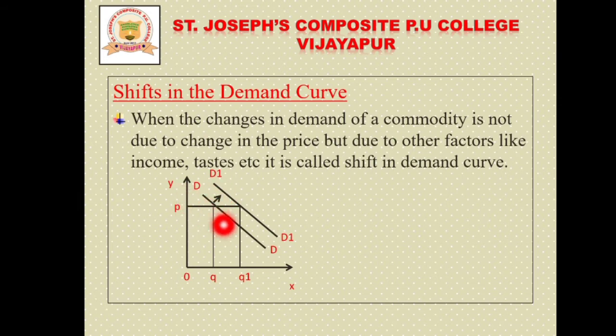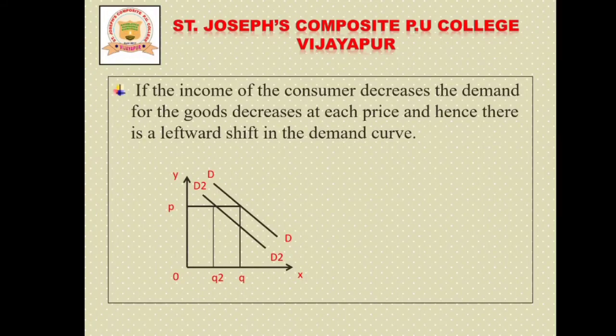Here the demand curve has shifted to the right. This is the original demand curve, but this is the additional demand curve. The demand curve shifts rightward because of changes in other things.